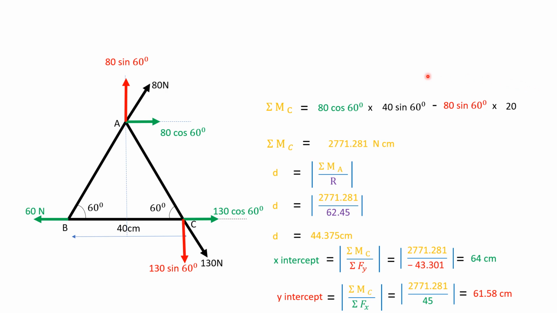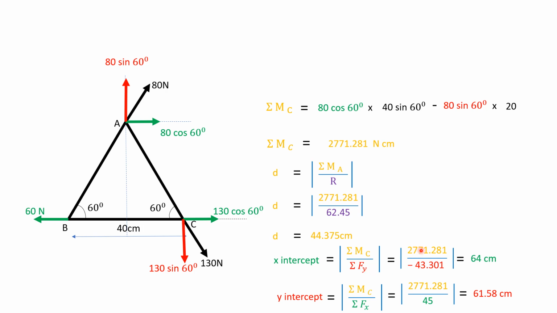We have calculated moments about point C, and we got summation MC. The perpendicular distance of resultant from point C, D, is given by summation MC by R. Substituting values, we get D equal to 44.375 centimeters, and x-intercept is given by summation MC by summation Fy.